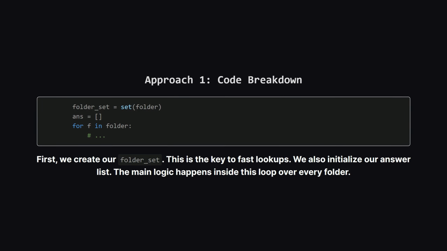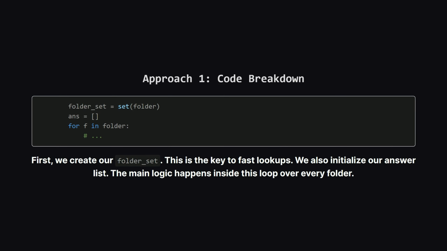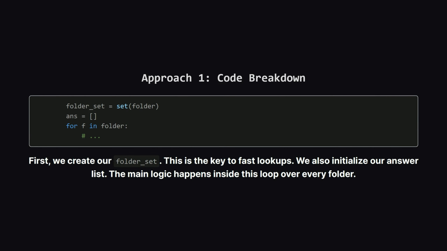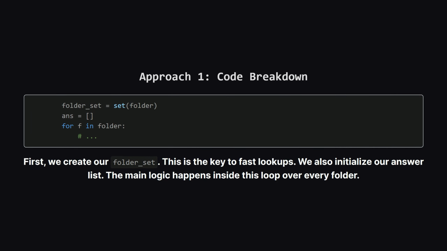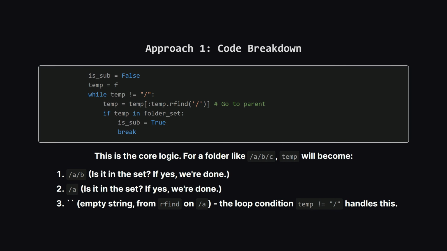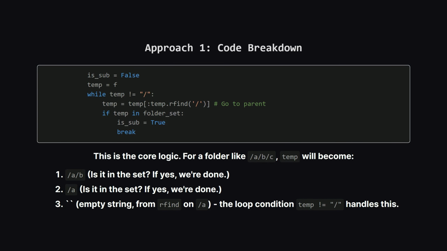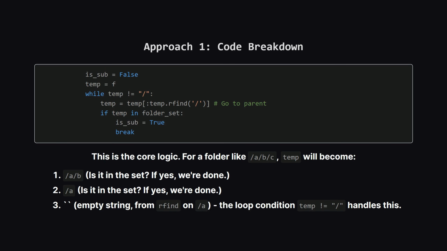First things first, we convert our input list into a set. This is a classic optimization. Checking for an item in a list can be slow, but checking for it in a set is, on average, instantaneous. Then we just prepare an empty list to hold our results. This is the clever part. For each folder we start a loop. Inside the loop, we repeatedly chop off the last part of the path to get its parent.